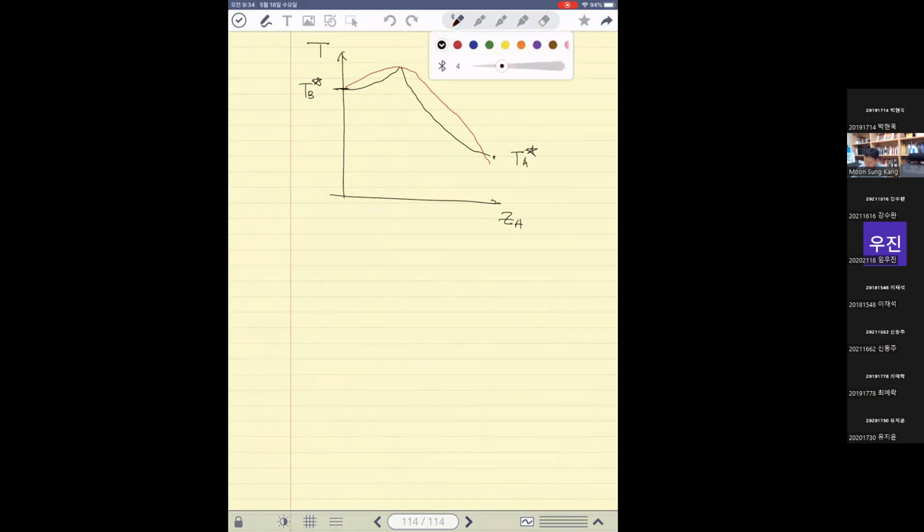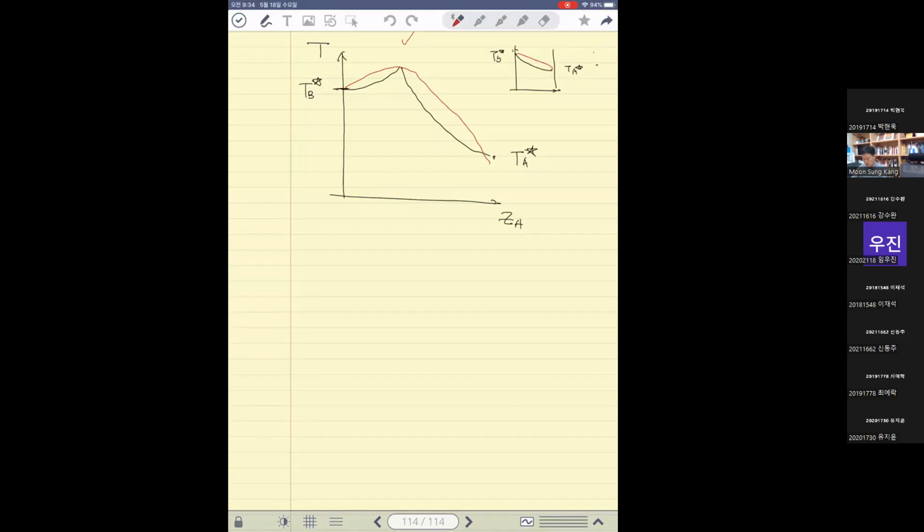Before it was relatively simple when we had a phase diagram that looks like this. I mean, this is complicated, but this is simpler. Now this looks more complicated.